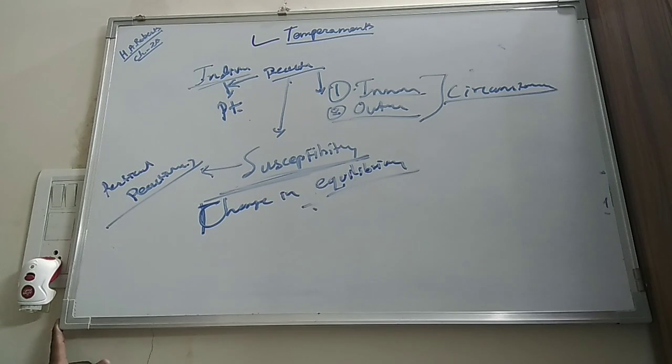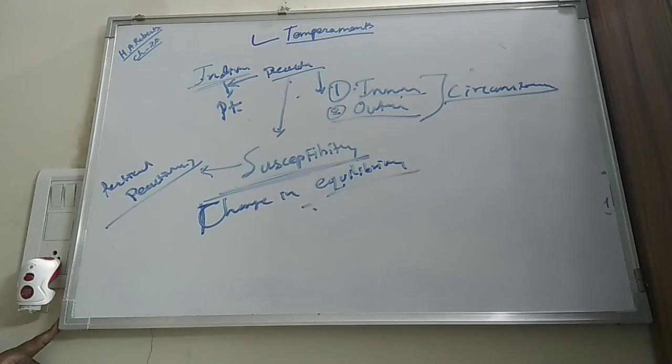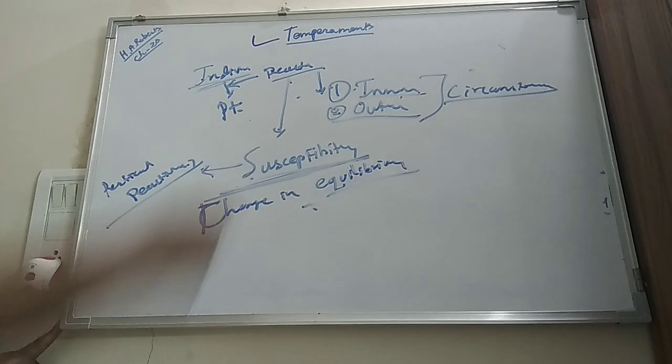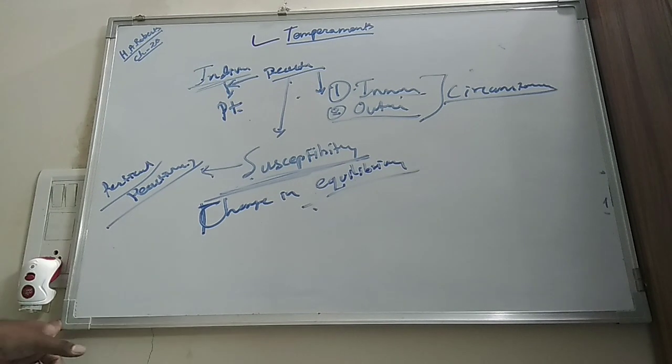Equilibrium is a person's state of being. Again, an individual becomes patient, reacting towards inner and outer circumstances provides susceptibility, which is particular reactivity towards the inner and outer circumstances.